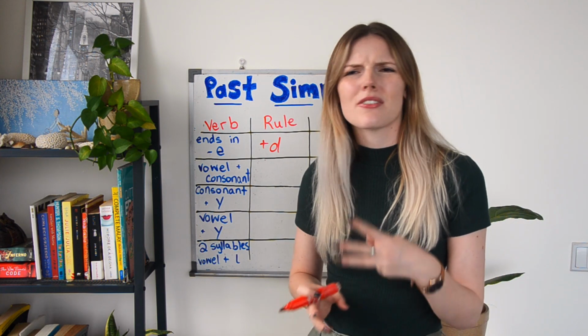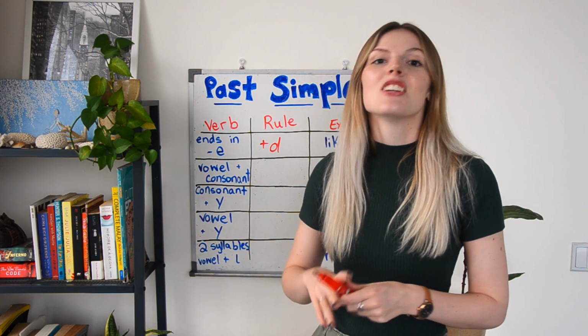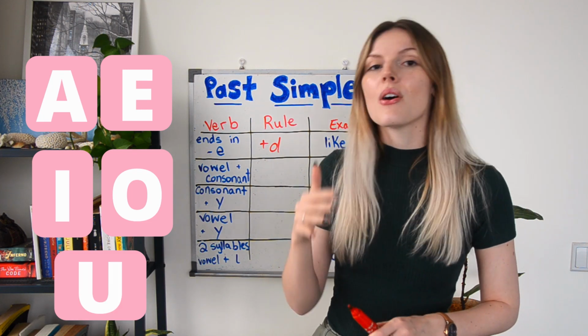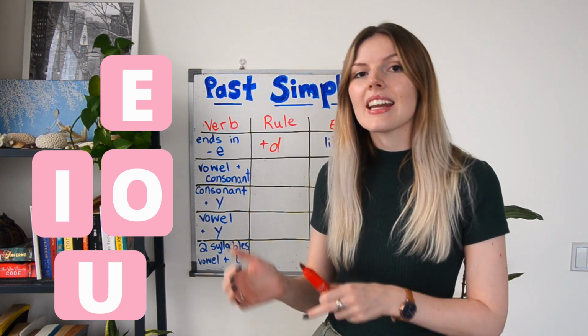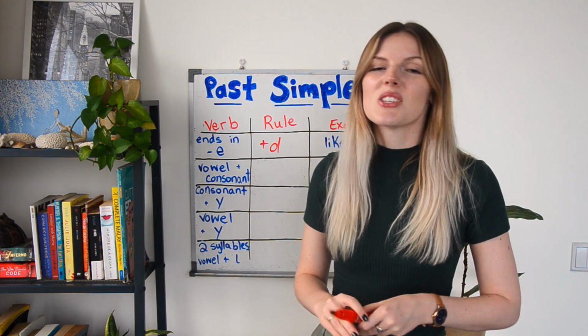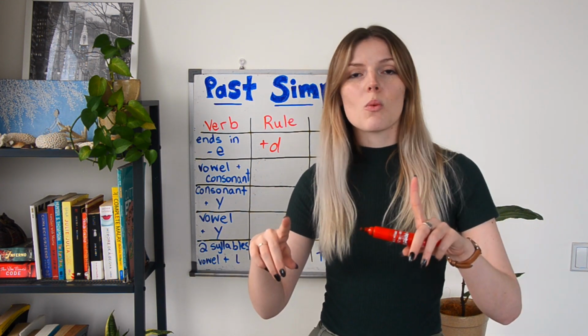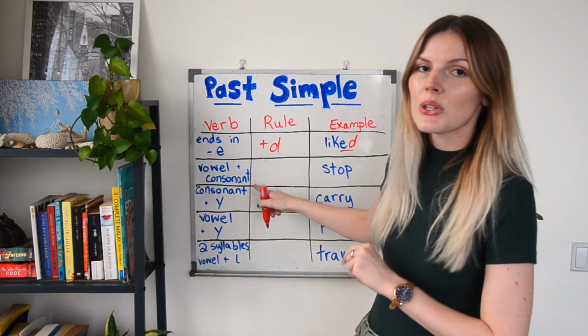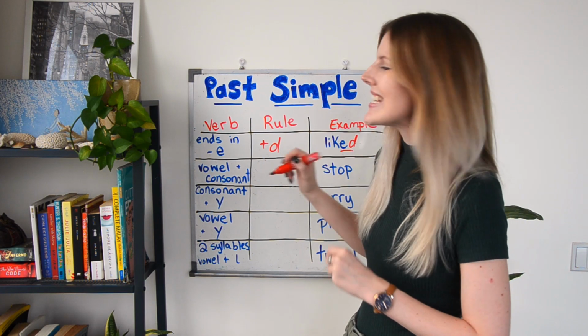Next up, we have a vowel plus a consonant. Now, you might be wondering, what is a consonant? Just remember that A, E, I, O, U, those are your vowels, and anything that is not a vowel is a consonant. So if you have one vowel plus one consonant, we are going to double your consonant and add ed.